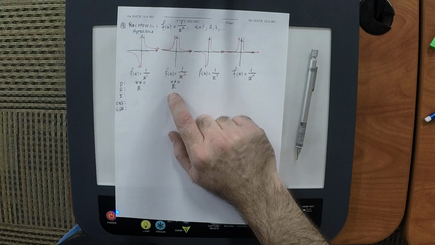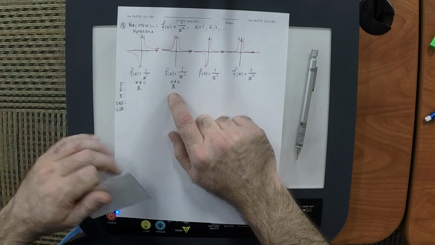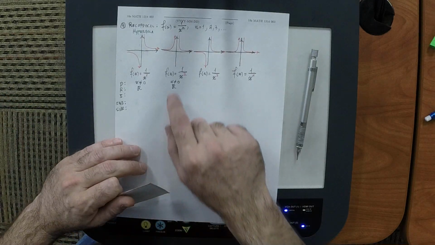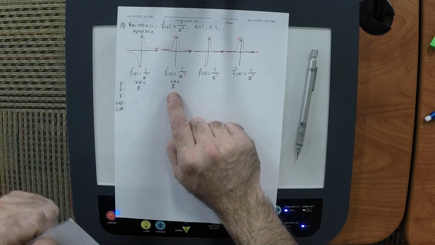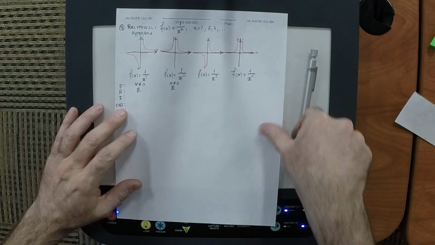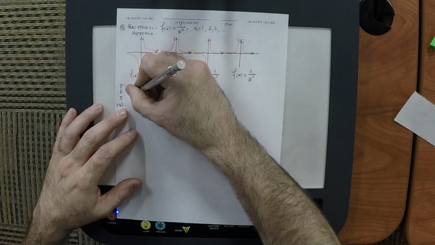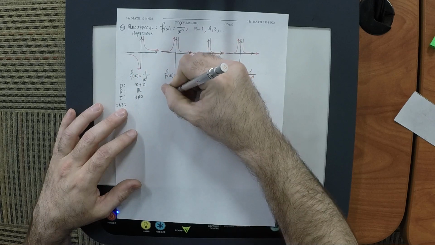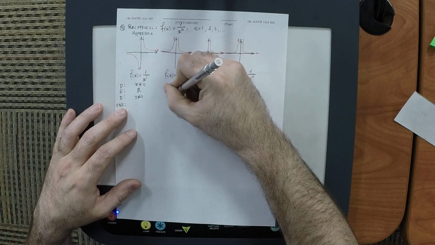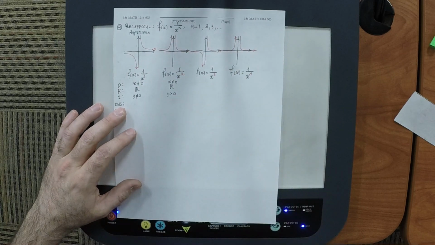The question you I suspect meant is about the image. So I'll ask you directly then. For this one, what's the image? 0 to infinity. So this one is anything except 0, whereas this one, we only have positive things.